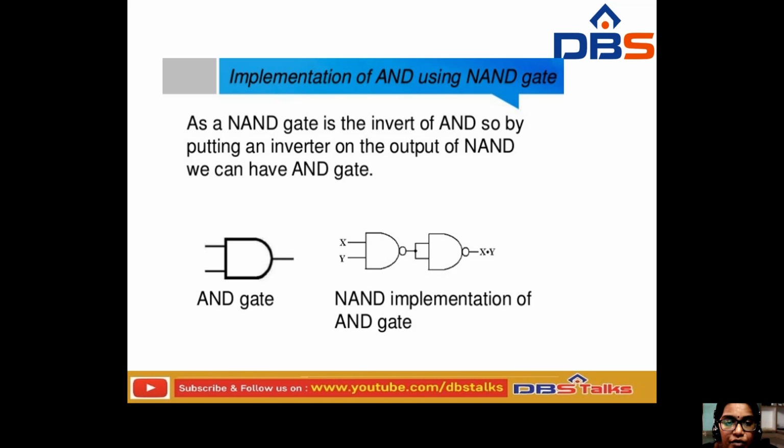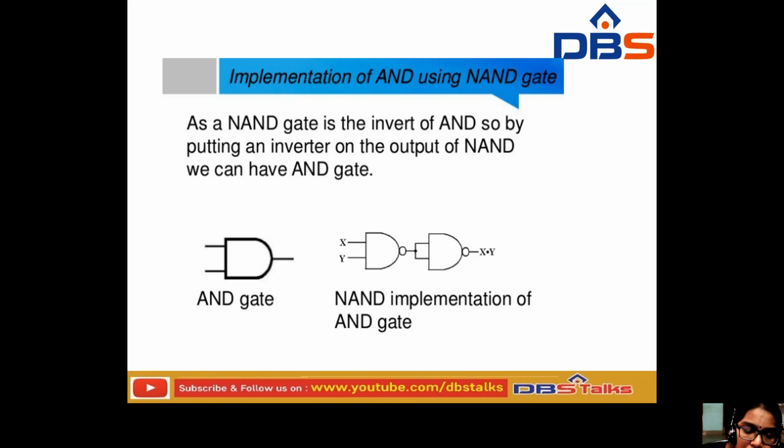So by putting an inverter on the output of the NAND, we can get the AND gate. This is the NAND gate; without this circle we can say this is an AND gate. If we give the NAND gate output as input to the inverter, we can use it as an AND gate.